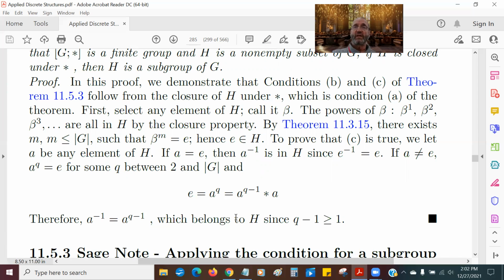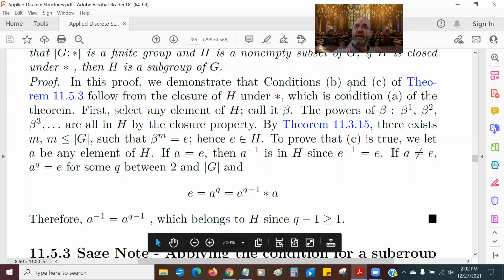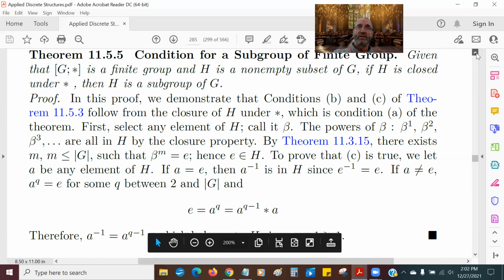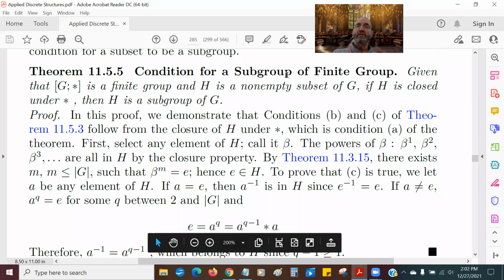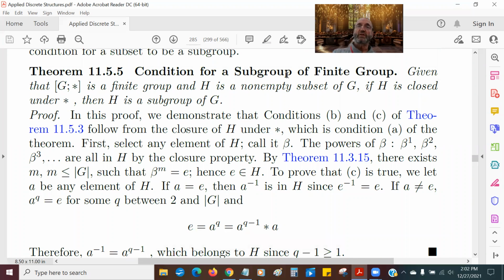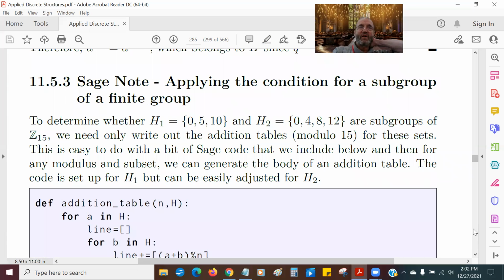So really, all we need is that it's closed. Once it's closed, you've got it all. That's what this theorem is saying: any closed subset of a finite group is in itself a subgroup. Of course, H has to be a non-empty subset.